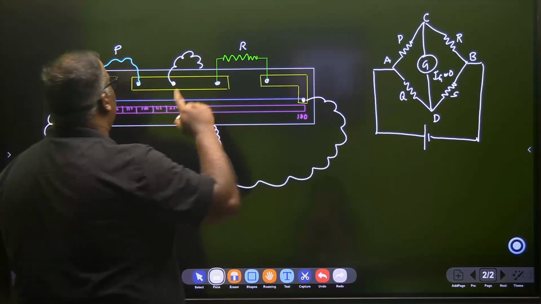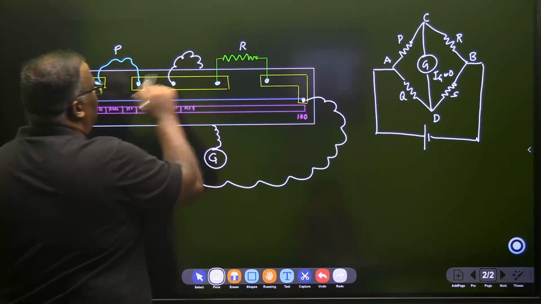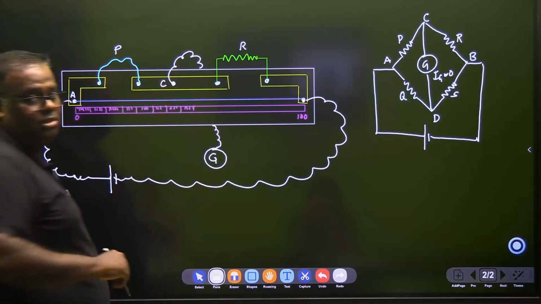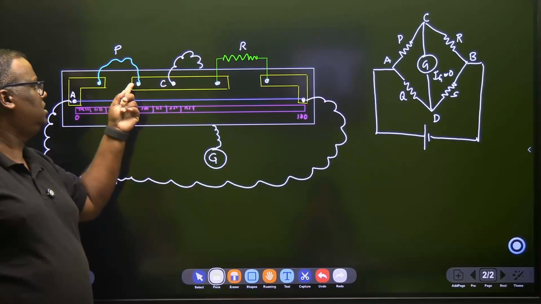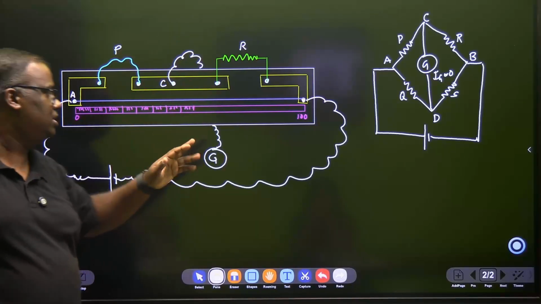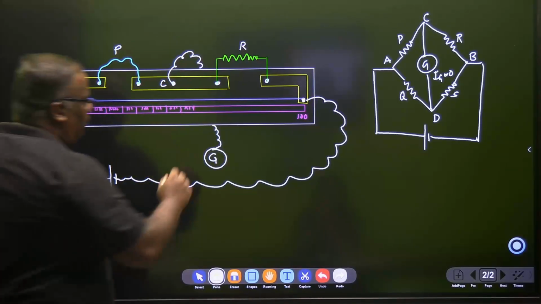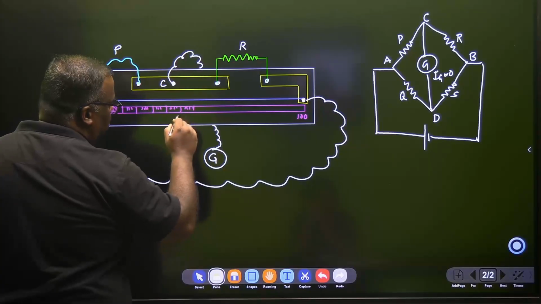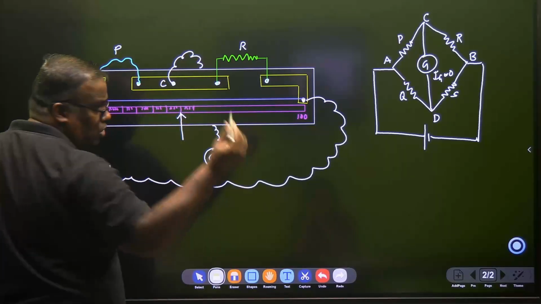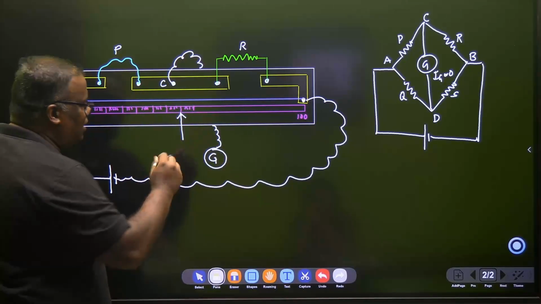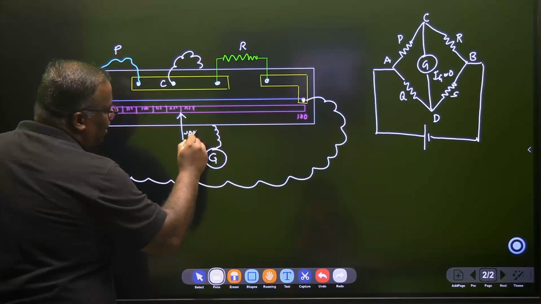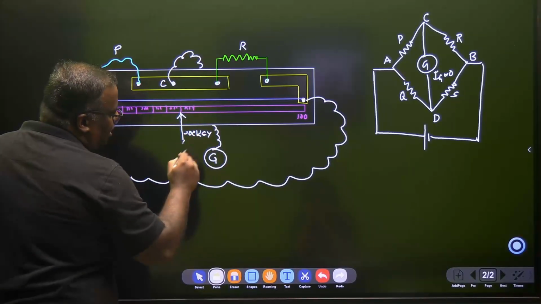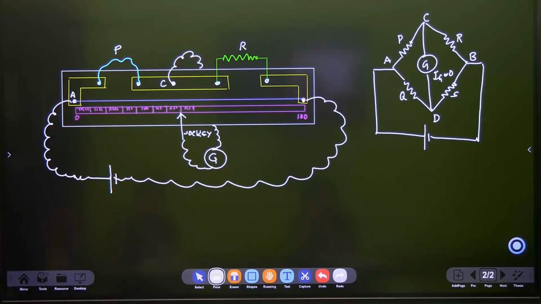So this is A, B, and I can say this as C now. It is a copper plate. If this is C, this is also C, this is also C, no question. This is my galvanometer, and from the galvanometer there is a device available in the lab which looks like a stylus, has got a knife edge, and I call this a jockey. The jockey is connected out here.